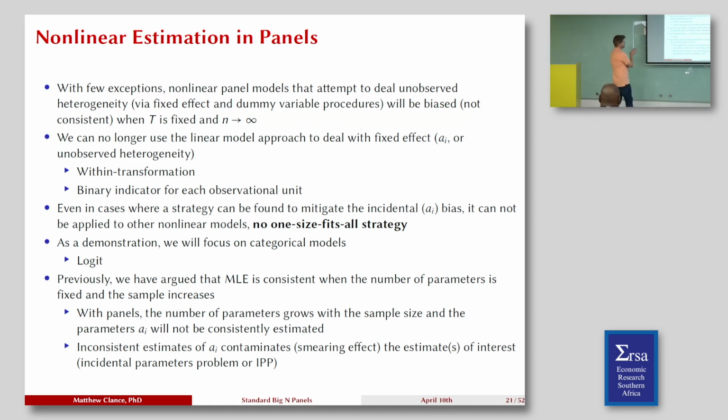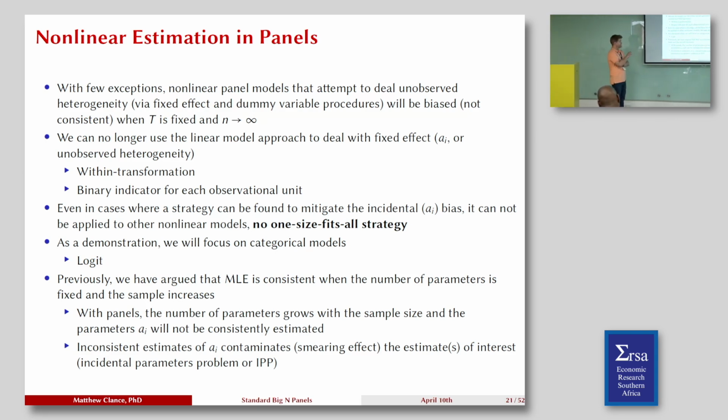So we no longer have the linear approach to deal with. We can't deal with it through within transformations. We can't deal with it by demeaning. We can't use first differencing. We can't deal with it by adding a dummy variable for every unit within our data set. Okay, because this leads to bias or estimates not being consistent.